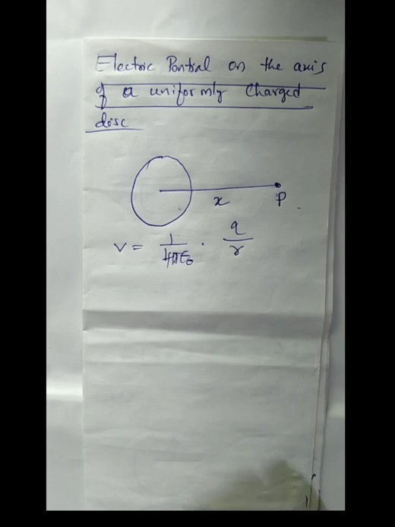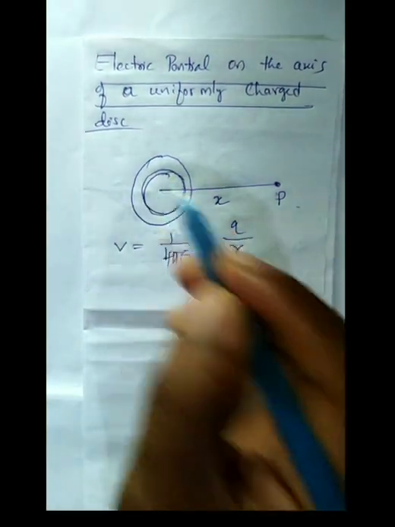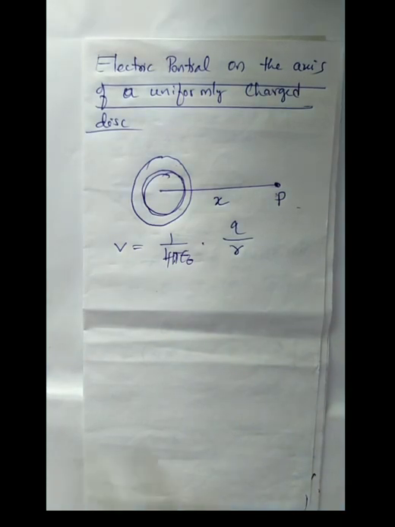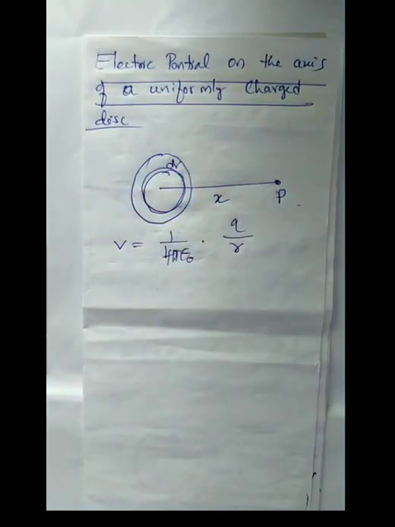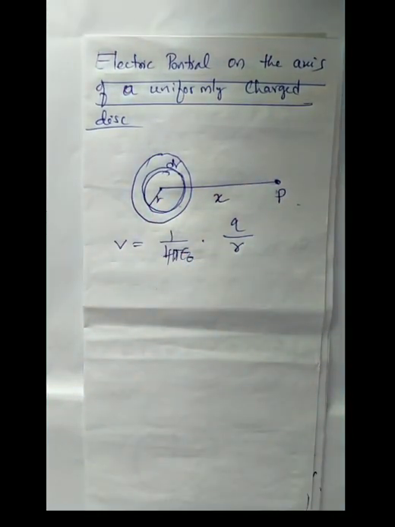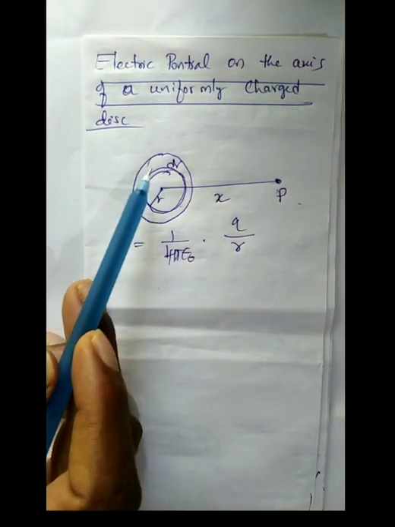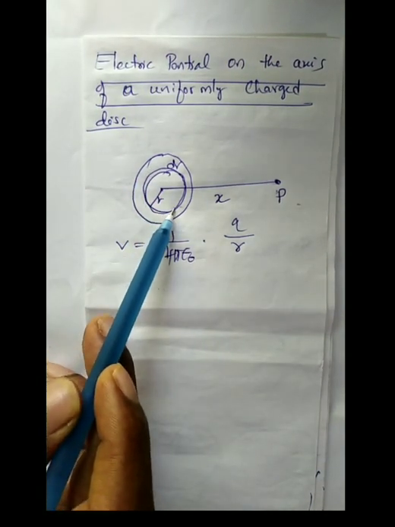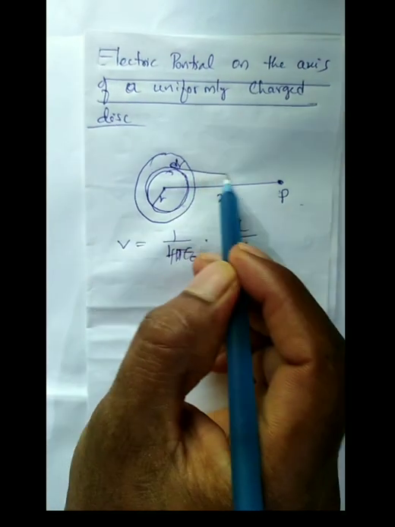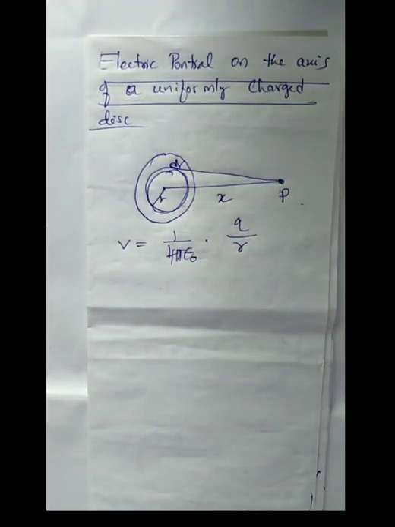Now what we are going to do, we will consider a strip here which has some width, dr is the width, and small r is its radius. All the points on the considered strip are at the same distance from this point, right?